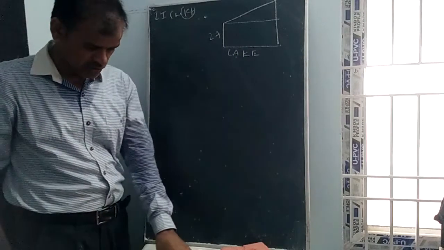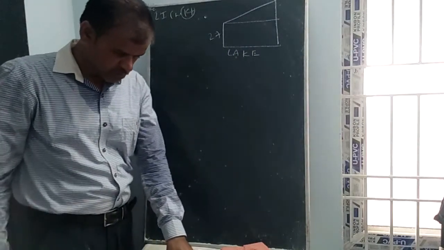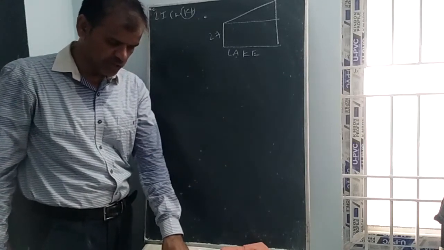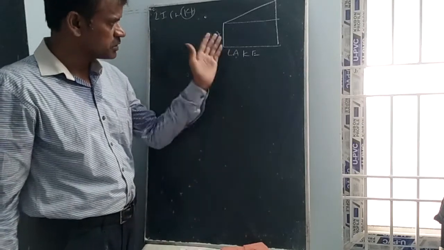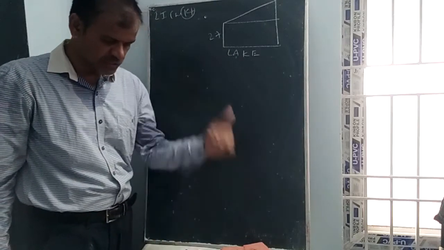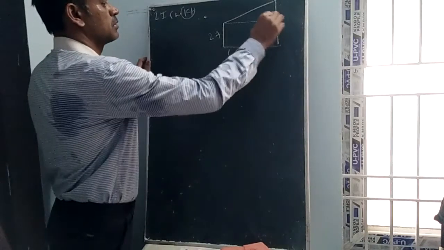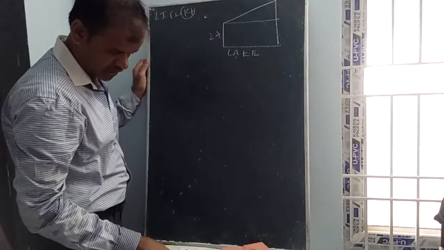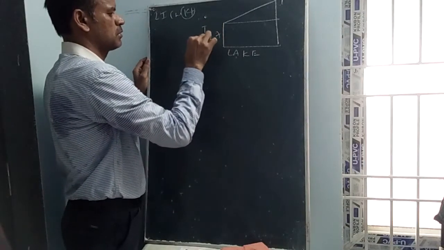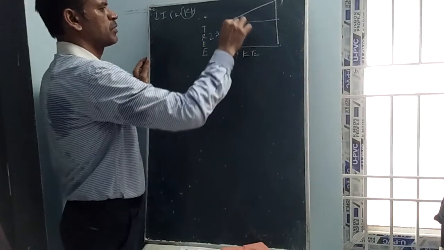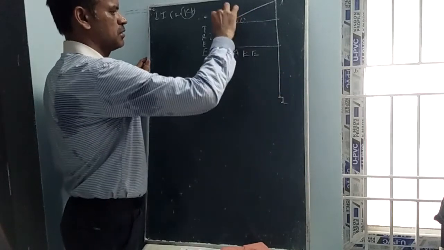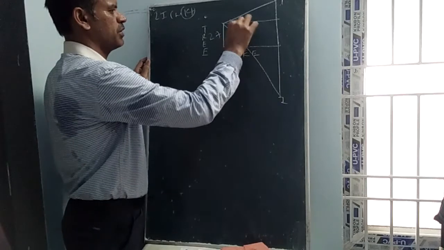Lake is nothing but water. 27 meters above the lake, the angle of elevation of the top of a tree on the opposite side is 30 degrees, and the angle of depression of its image is 45. This is a tree, this is 30 degrees, and the image I you can write here. That image is 45 degrees.